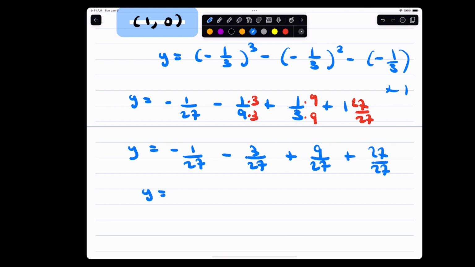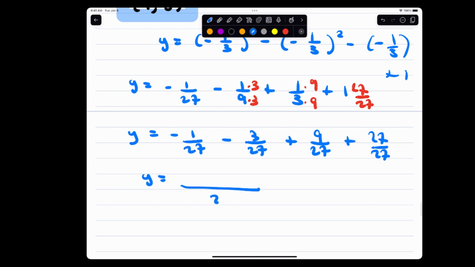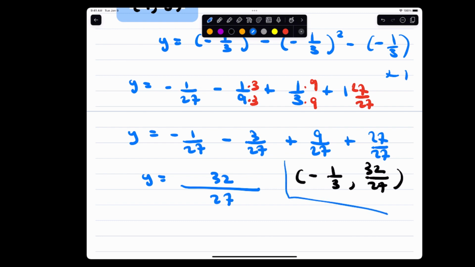So what do you get now? Over 27. Negative 1 minus 3. Is that negative 4 plus 9? Is that 5? 5 plus 27 will be? Is that 32? So, ladies and gentlemen, I think this is negative 1/3, comma, 32 over 27. Here is the second location.